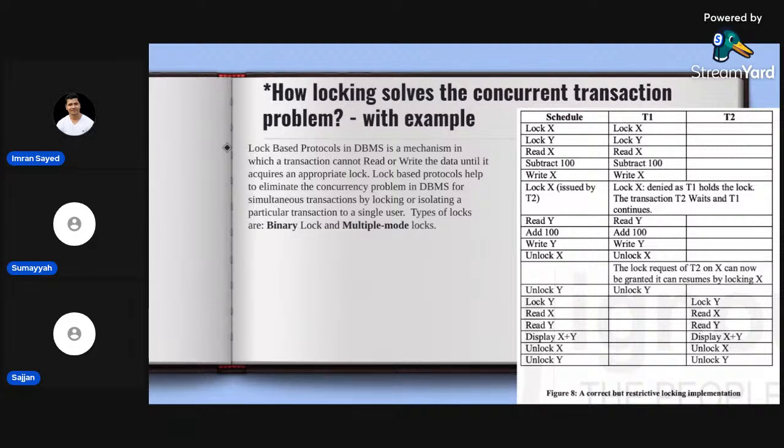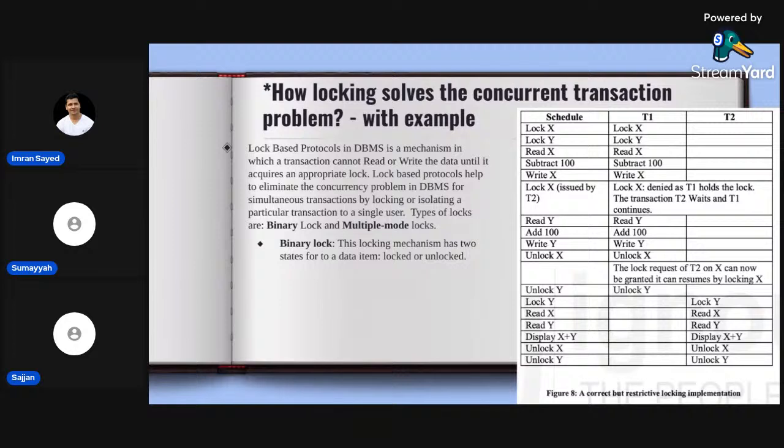Lock-based protocols in DBMS are a mechanism in which a transaction cannot read or write the data until it acquires an appropriate lock. Lock-based protocols help to eliminate the concurrency problem in DBMS for simultaneous transactions by locking or isolating a particular transaction to a single user. Types of locks are binary lock and multiple mode locks.